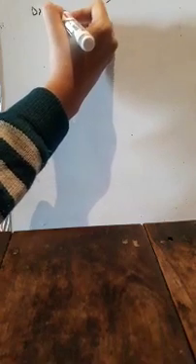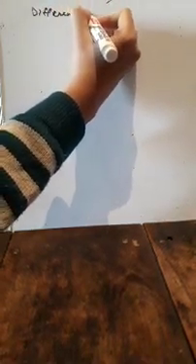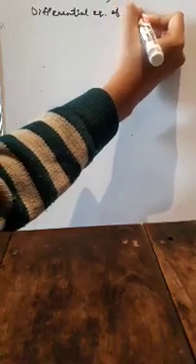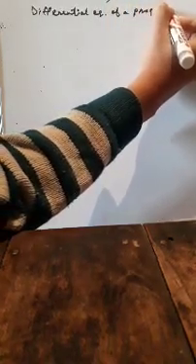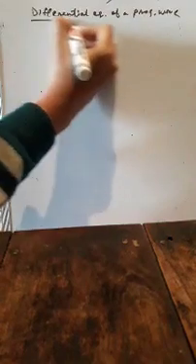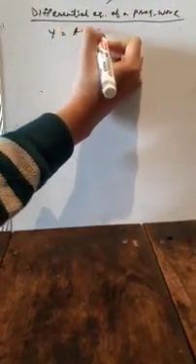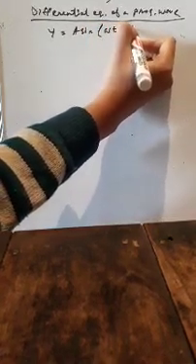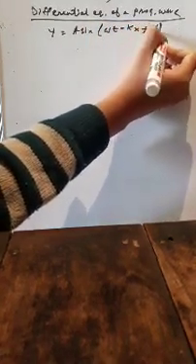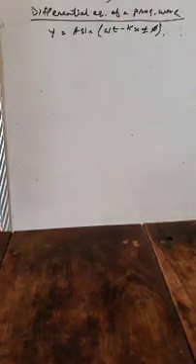Let me write the topic name: now we will find the differential equation of a progressive wave. Writing the equation once again, y equals a sine (omega t minus kx plus or minus phi). So your y equation is this.